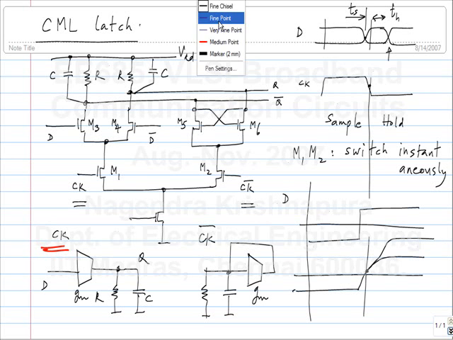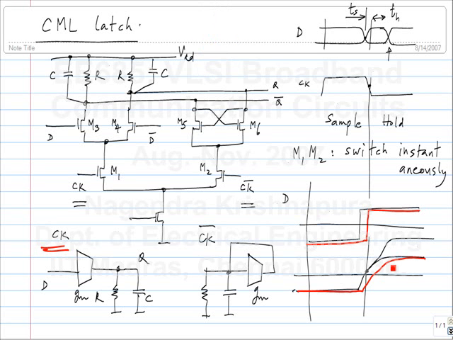Now, if we have it even closer, it will tend to do this, but then from this point on, it will regenerate in the opposite direction. Okay. Although, if you look at the clock edge, the input data is positive, you have latched a negative value. Is this clear? So, how can you reduce the setup time?